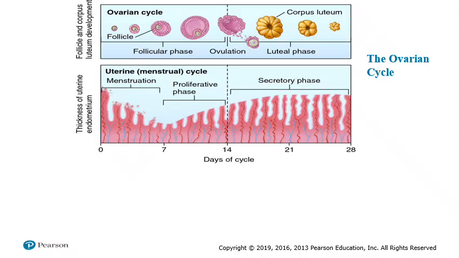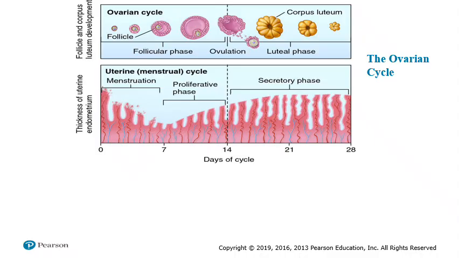After the follicle has developed, the secondary follicle will now release the egg. That's ovulation. And this follicle that is left empty will now regress into a corpus luteum, which will start to produce progesterone in anticipation of pregnancy. This is what you call the luteal phase.